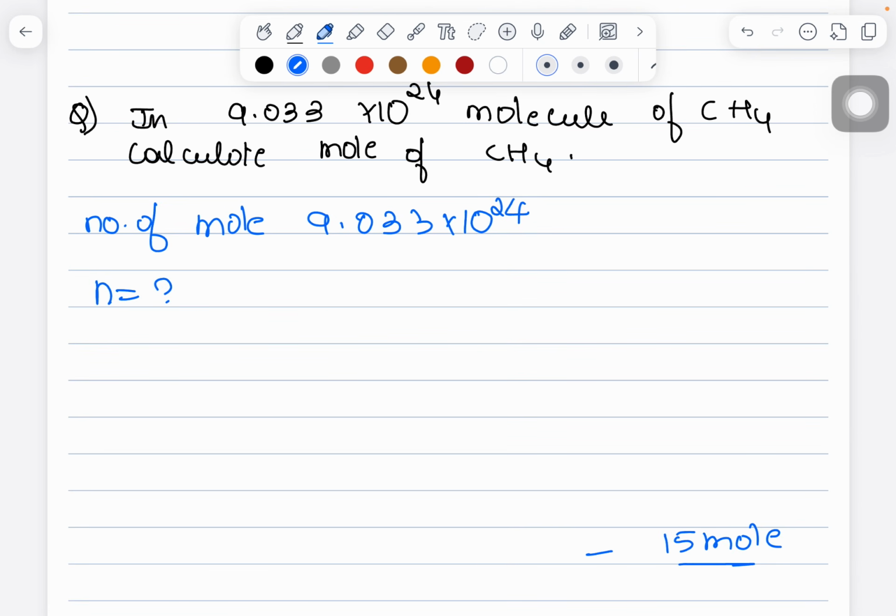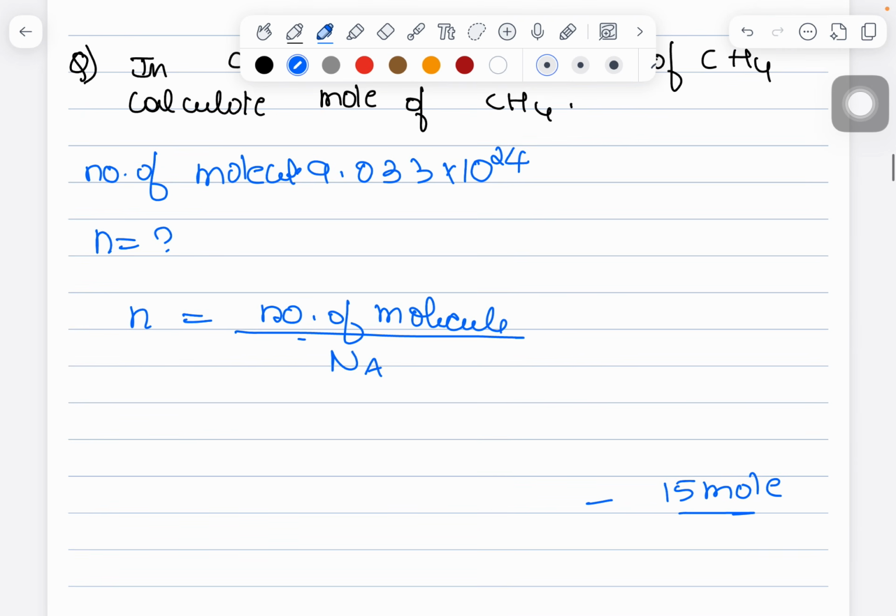So if you write the formula, mole is equal to number of molecules divided by Na. The number of molecules is 9.033 × 10^24, and the value of Na is 6.022 × 10^23.